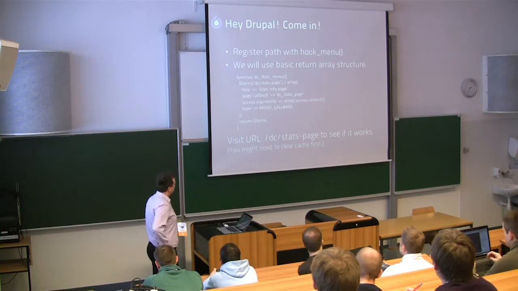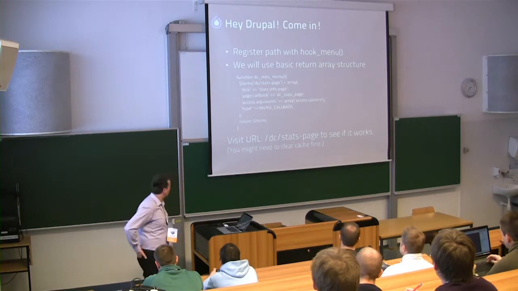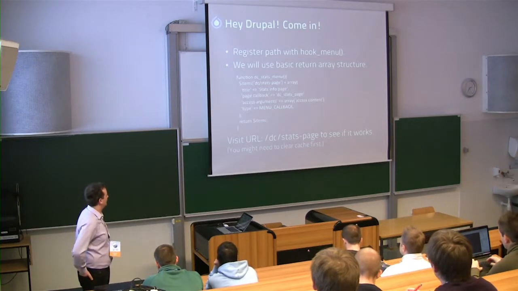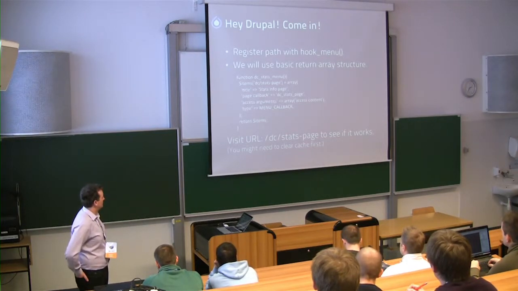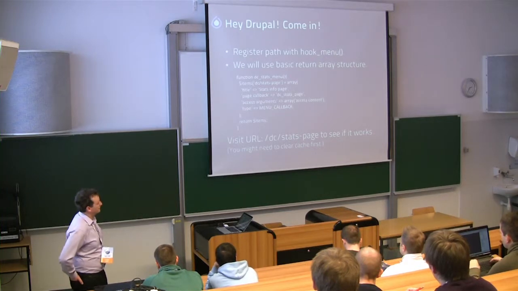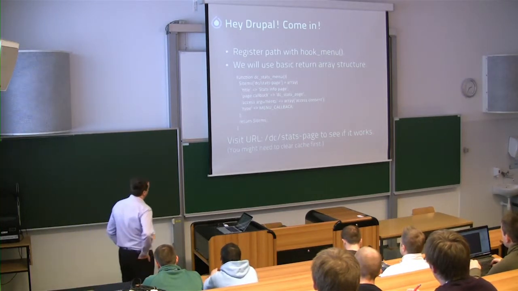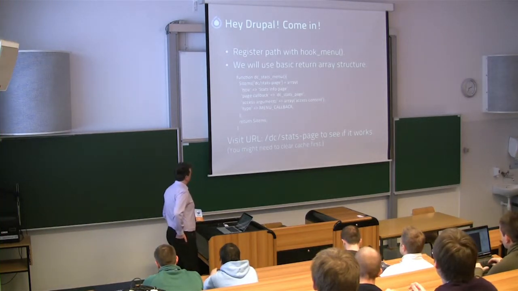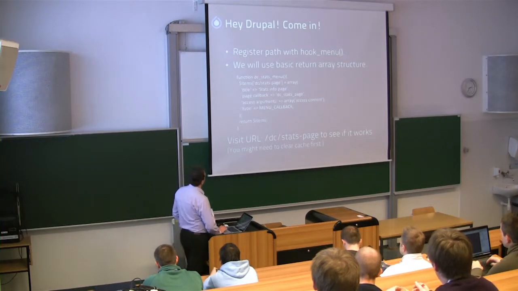And this array entry has different keys inside, like title, access arguments, type, and of course page callback. This is a function that gets called when someone is trying to visit dc/stats page.